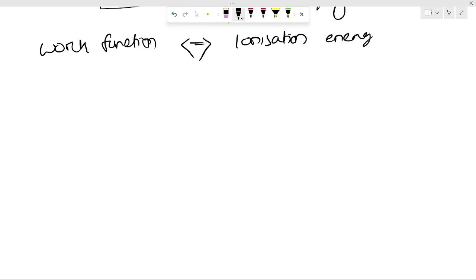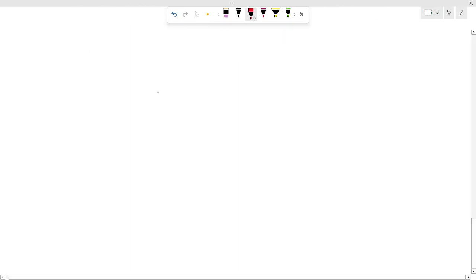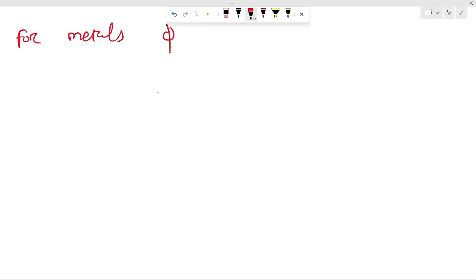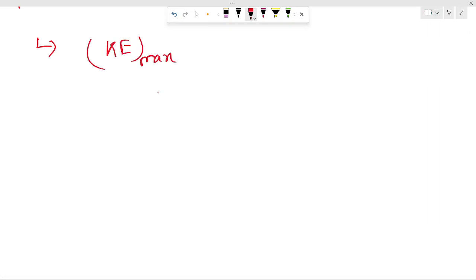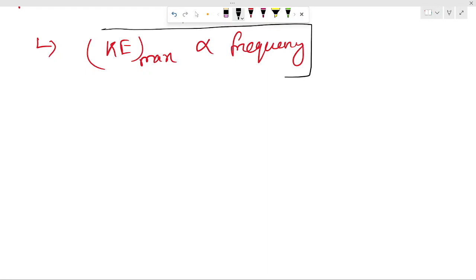What is its value for metals? Generally, for metals, the work function varies between 2 to 6 electron volts. One more important point to note down is that kinetic energy max, K max, is directly proportional to the frequency. This is a very important point; you should remember it.